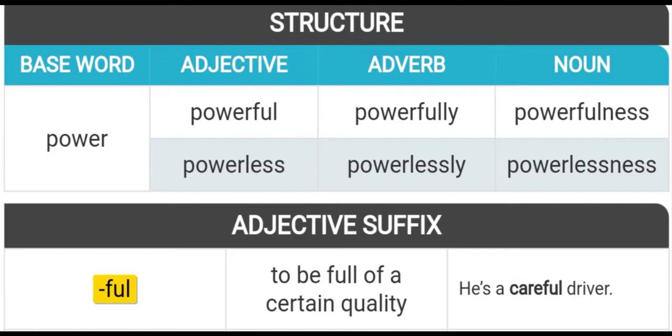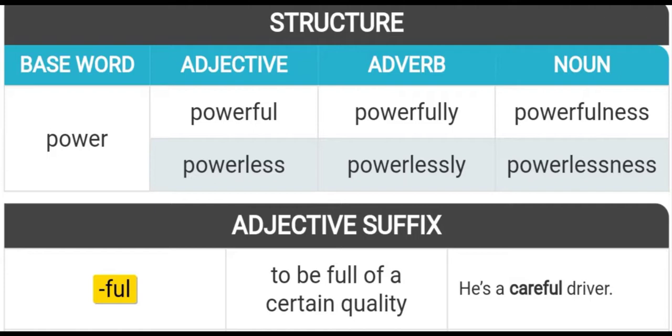Clear? And second is less, L double S. When we add it to the base word power, it becomes an adjective. So don't be confused while using powerful and powerless. Clear? These two words fall in the category of adjective.